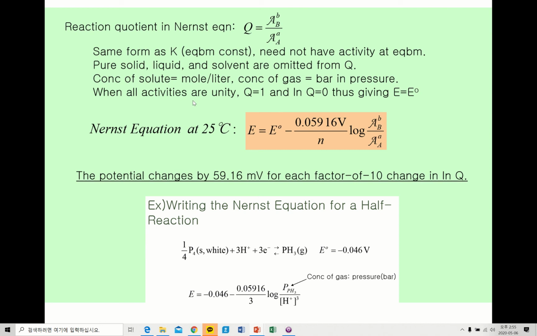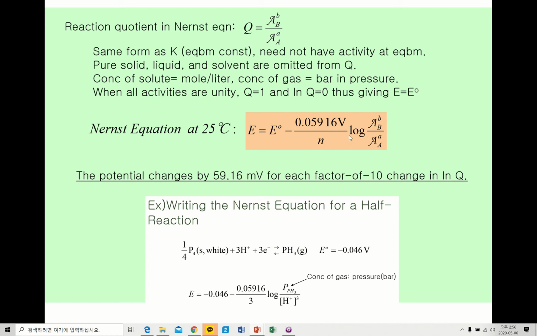When all activities are unity, Q equals 1 and log Q equals 0, thus giving E equals E0. So everything now makes sense. Usually we are working at room temperature, which is 25 degrees C, and instead of the natural logarithm we use the common logarithm.